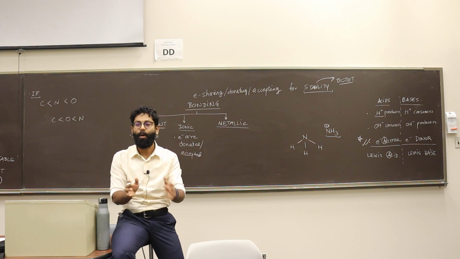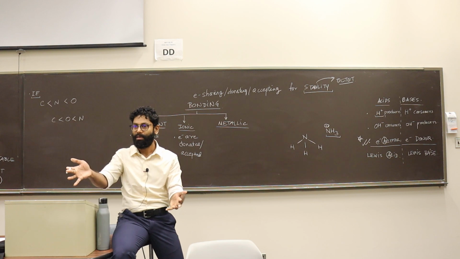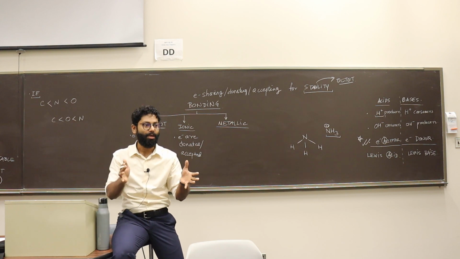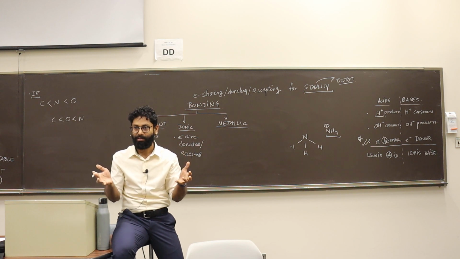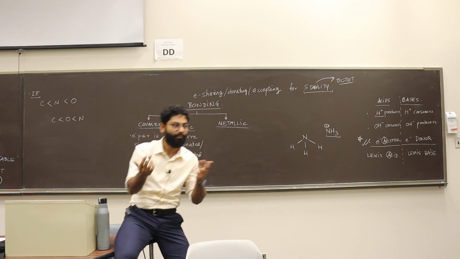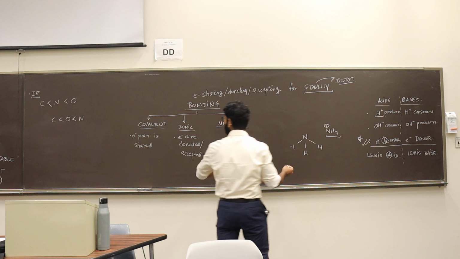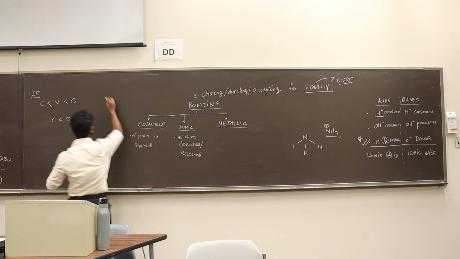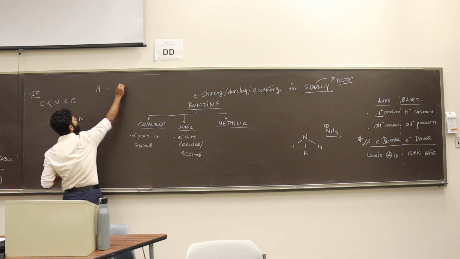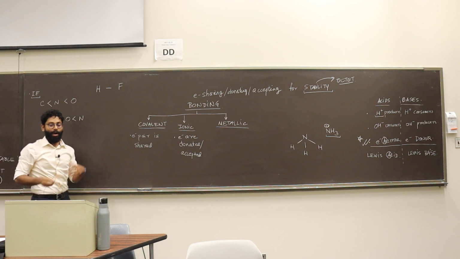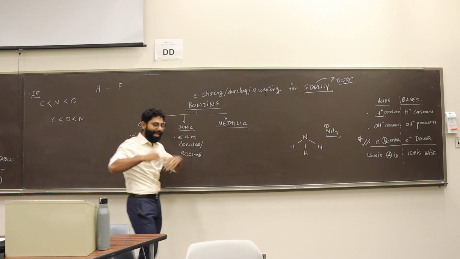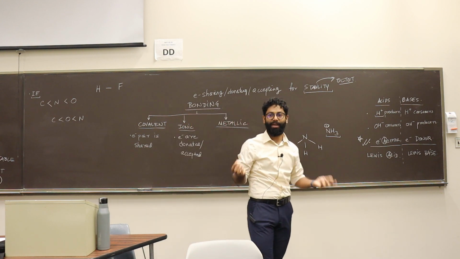So whenever there is a bond between, say, A and B, whichever has more electronegative behavior will pull the electrons. For example, if there is a bond forming between H and F. Now, F in nature, F is more electronegative.